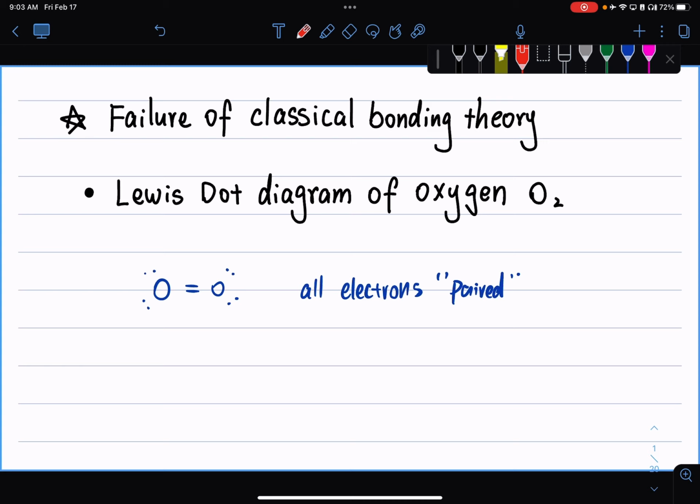So if all electrons are paired in your molecule, we're expected to be diamagnetic. But experimentally, you can measure how the oxygen molecule behaves when you put it in a magnetic field. So what we find out is that experimentally, oxygen, O2 gas, is paramagnetic.